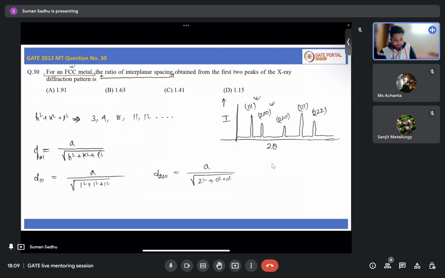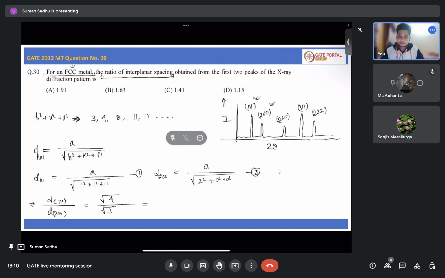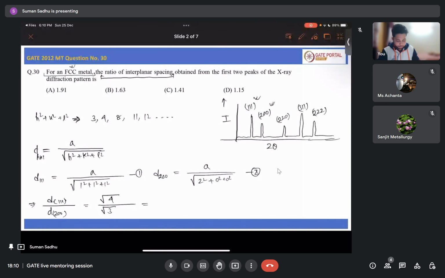So a is constant for a fixed FCC crystal. So if we simply take the ratio of this one and this one, d111 divided by d200 will get root over of 4 divided by root over of 3. So can you check and let me know how much it is coming? Sir, around 1.15. 1.15.